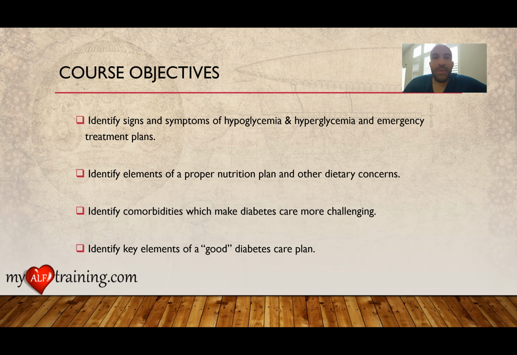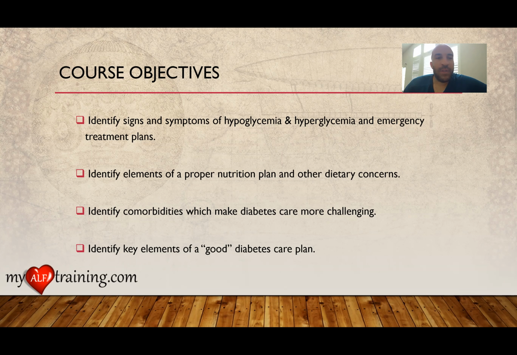So I've outlined some course objectives, some specific topics that I want to make sure we touch on and leave with enough information that you feel comfortable to put what we talk about here today into your practice.